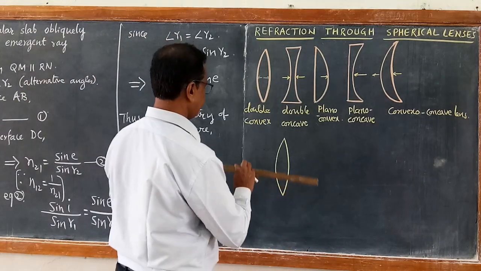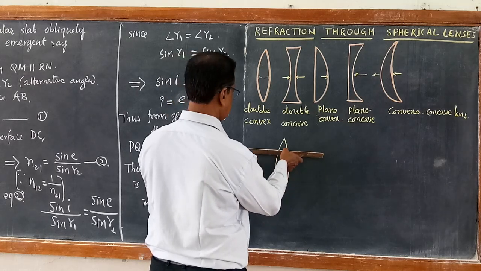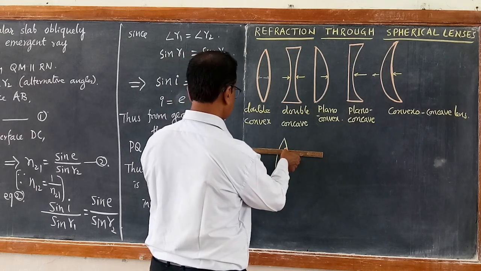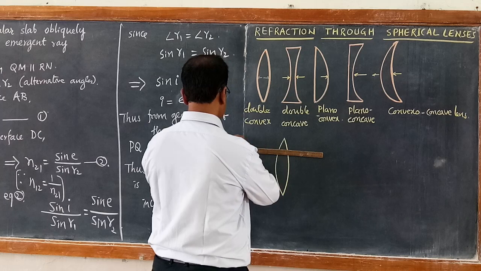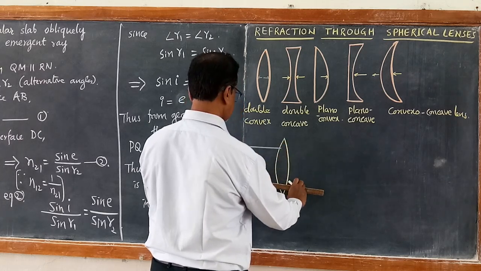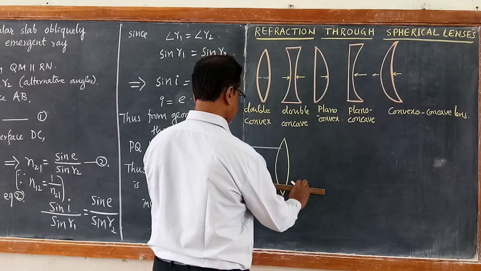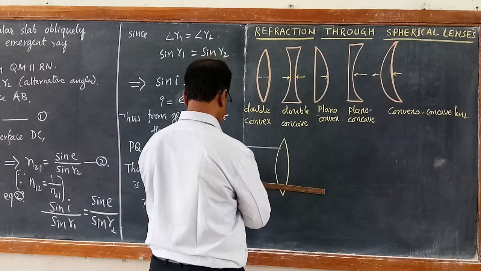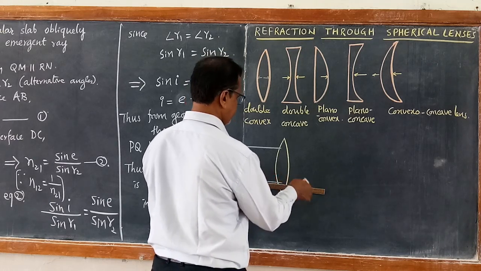Suppose this is a parallel beam of light. What is the meaning of a beam of light?